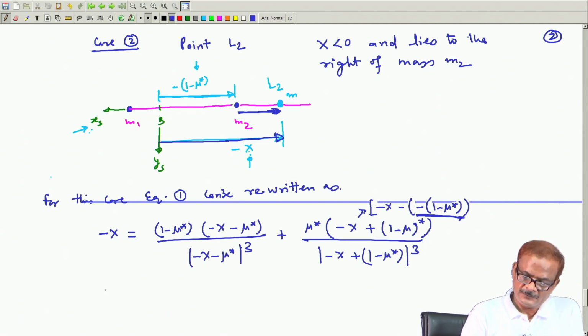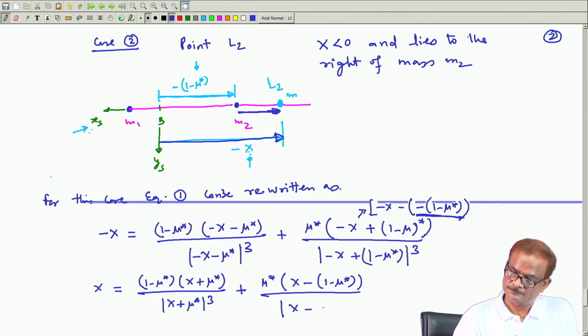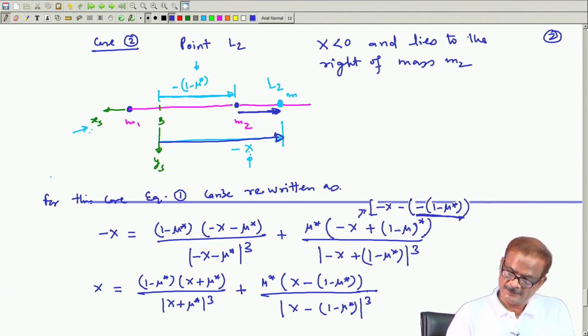This minus sign we eliminate from both the sides. This gets reduced to 1 minus mu star, and this gets x plus mu star, and here also this will get reduced using the mod property. Here, once the minus sign is removed, this indicates a positive quantity.